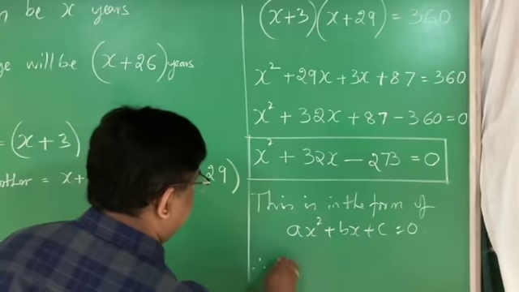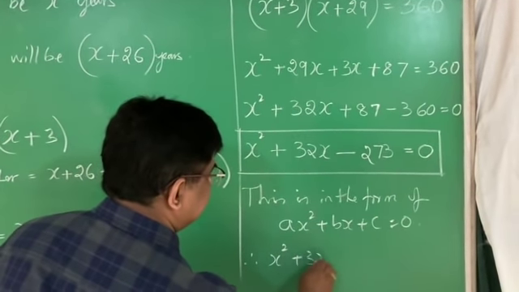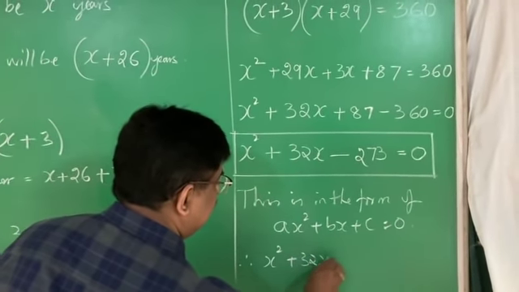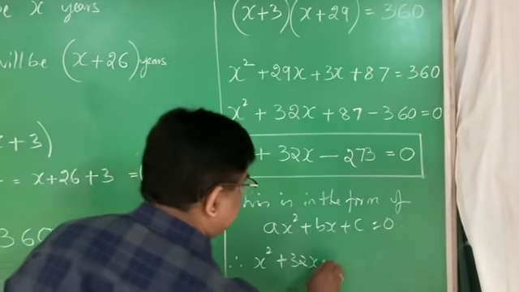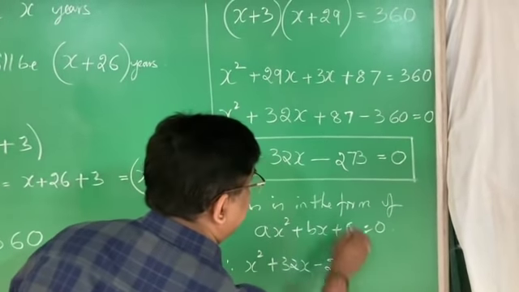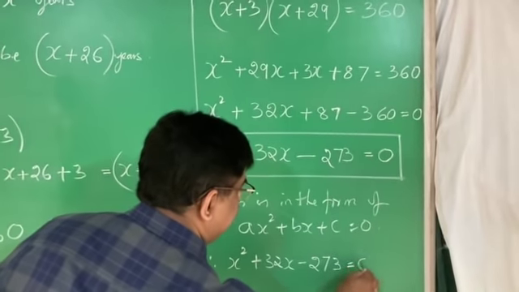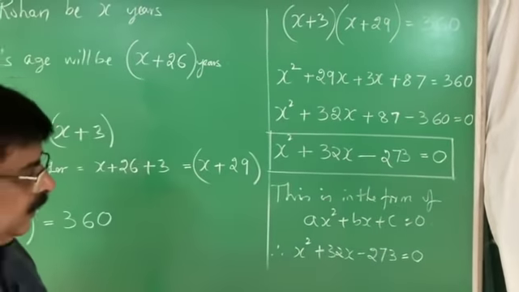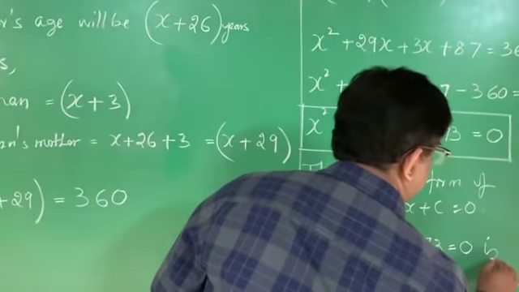Therefore, x square plus 32x minus 273 is equal to 0 is the required equation. You have to cross check all these numbers.